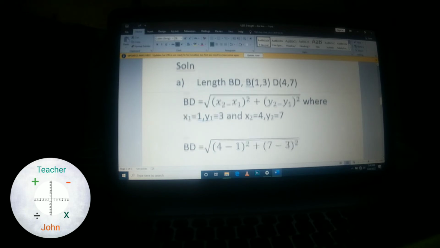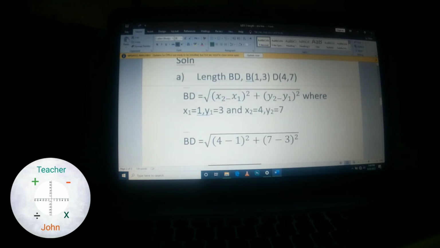So when you look at the solution, for the first question it had B and D, 1, 3 and 4, 7. So the length BD which they want will be equal to the formula which you got earlier, the square root of x2 minus x1 squared plus y2 minus y1 squared, where x1 is 1, y1 is 3, x2 is 4, y2 is 7. We replace them in our equation, and you get this value.